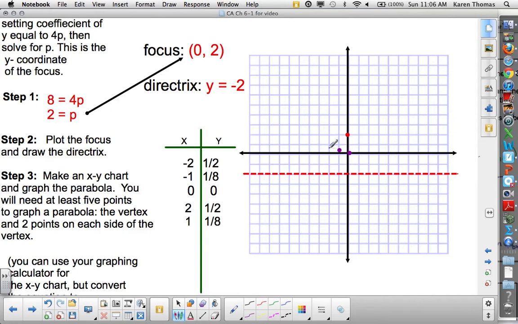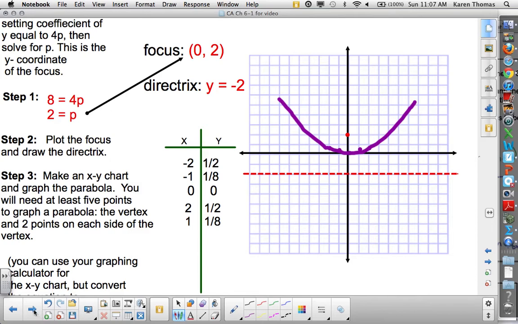At -2, same thing, a tiny little bit. I'm going to try to connect these with a smooth, continuous curve. If you want to know if this is the exact parabola you're looking for, you could always plot a few more points. And that's all there is to graphing it.